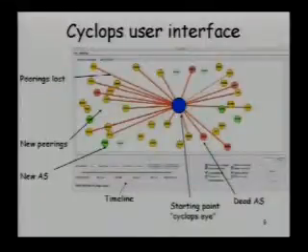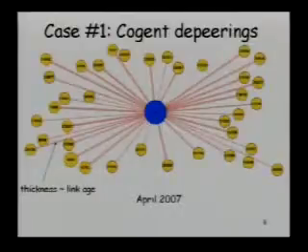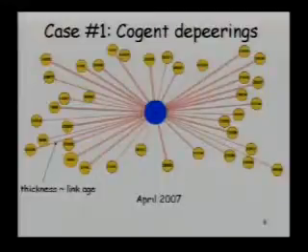So the thicker the link, the older it is. On the right side, on the bottom, we have a bunch of filters that we can apply to make the picture more readable. So we can only show appearances or disappearances and so on.